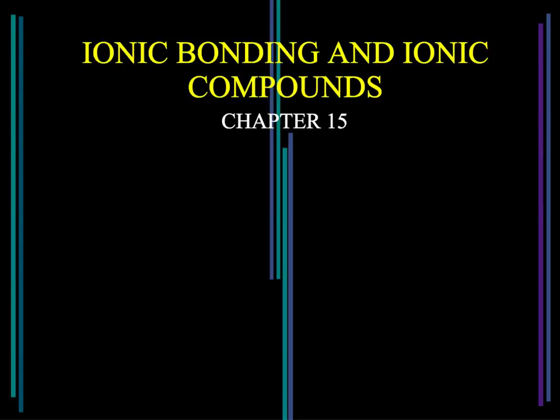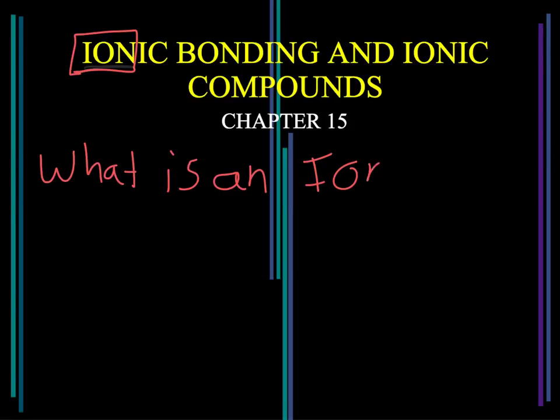When we're talking about ionic bonding and ionic compounds, the first thing you need to see is this word: ion. What is an ion? That's what everyone watching should be asking themselves. Some of you might already know, some of you might not, so let me tell you.